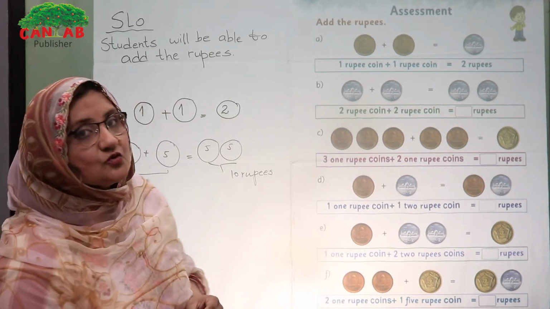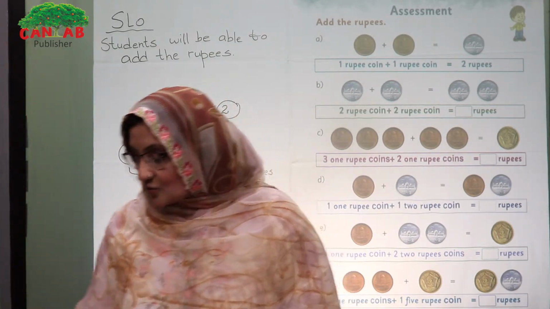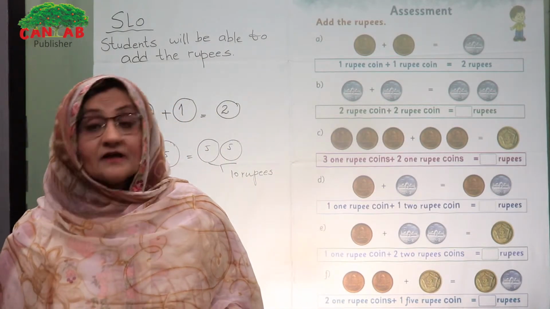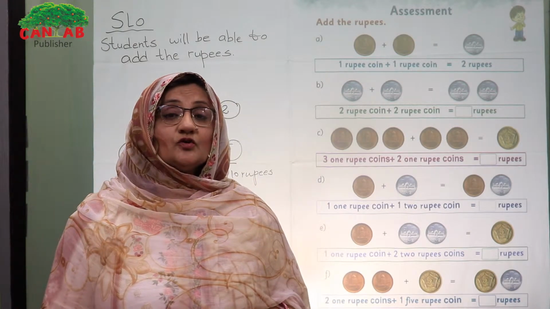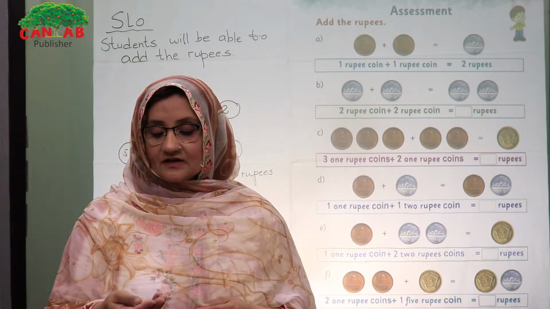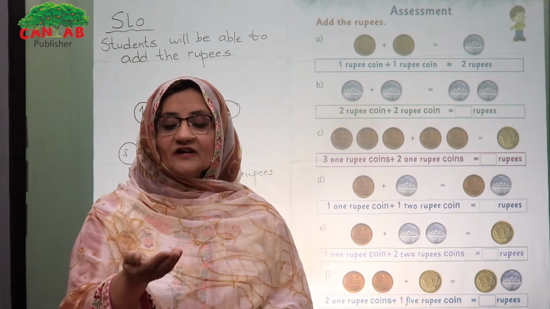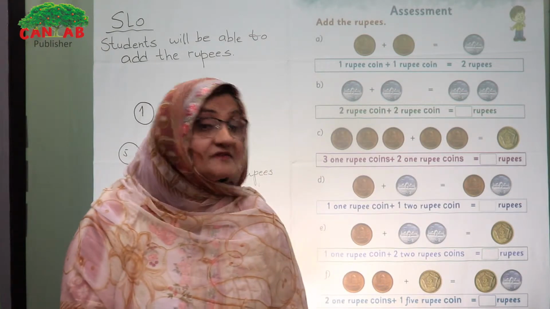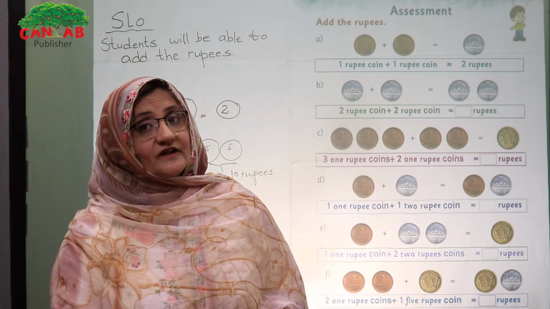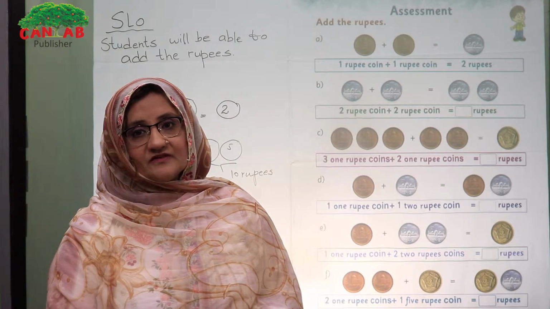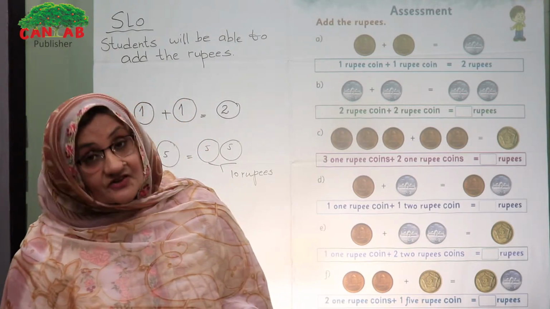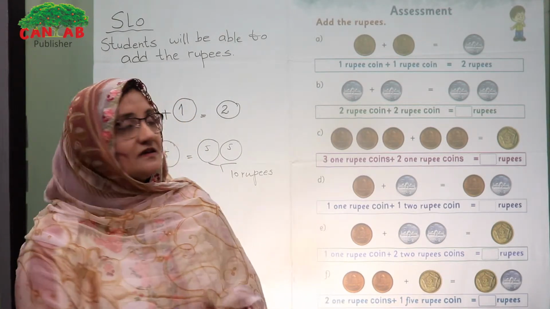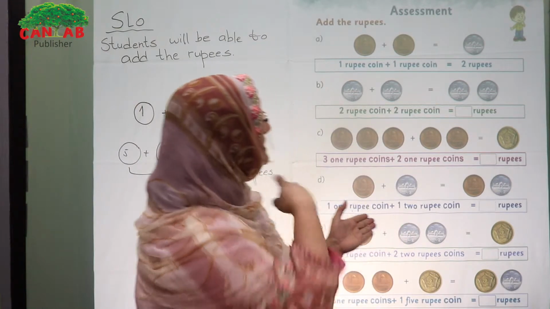Now you can distribute different coins among the students and ask them to add up the coins in pairs and get different answers. It means they are going to create the questions by themselves and then find out the answers by themselves.